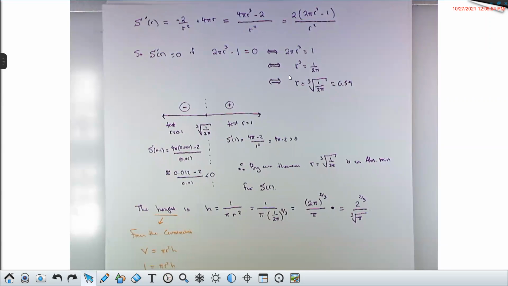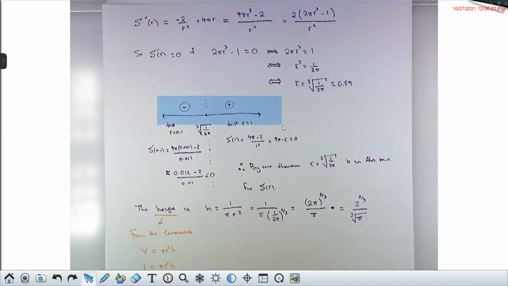The trick here is, so we found that the derivative is equal to 0 when r is equal to this number. But I don't know if this is a min or a max. And even if it was a min or a max, that wouldn't tell me if it's an absolute min or a local min or an absolute max or a local max. So here, all I know is that something is happening when r is this number. I either have a local min, local max, absolute min, or absolute max.